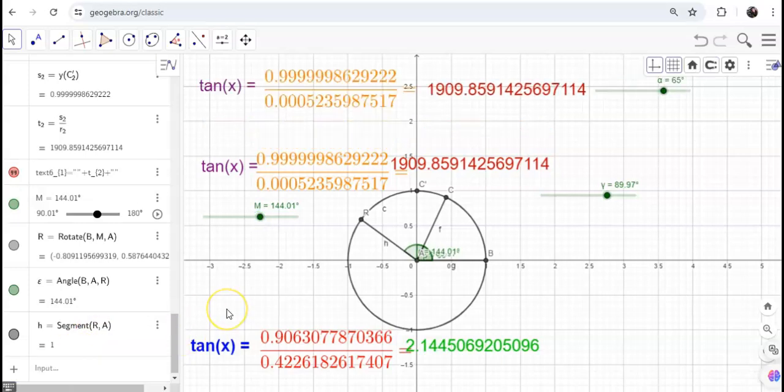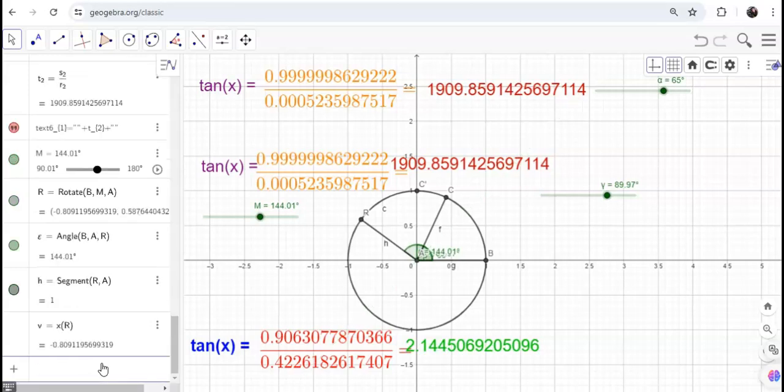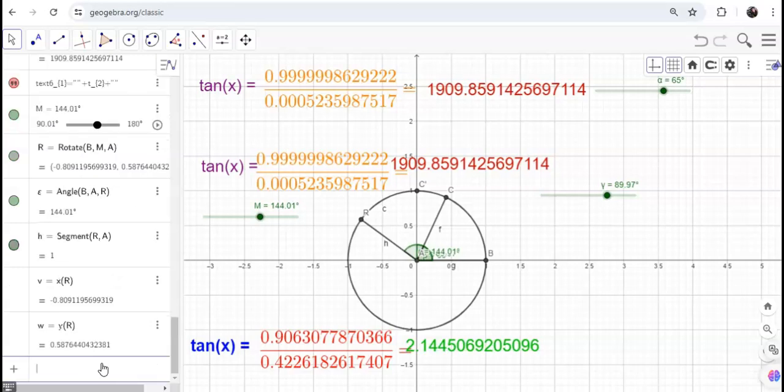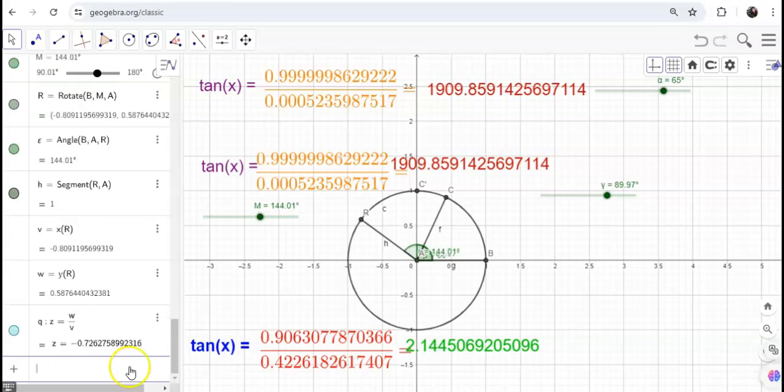So let's have the x-coordinate of point R as object V. And let's have the y-coordinate of point R as object W. And let's have the tangent value of angle BAR as object Z. And we write Z equals W over V, the y over the x, because tangent theta is equal to y over x.